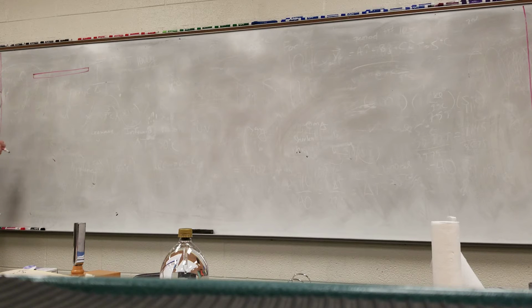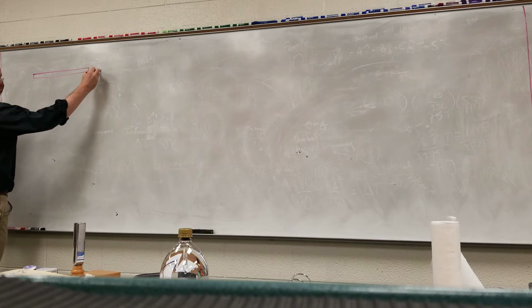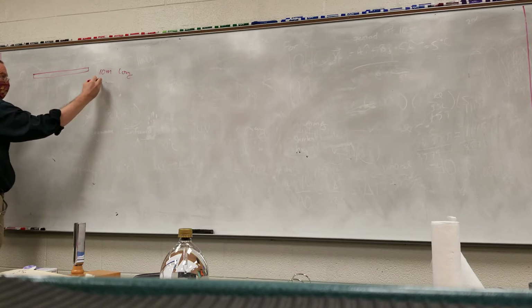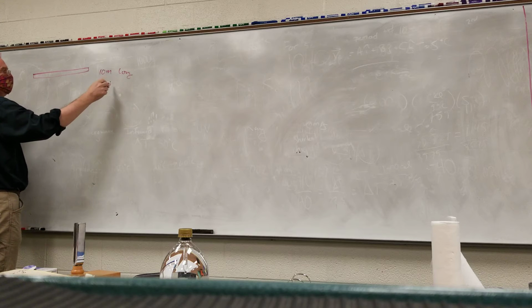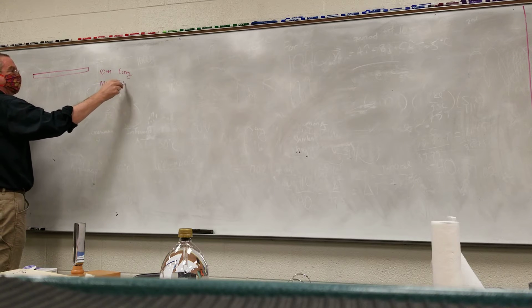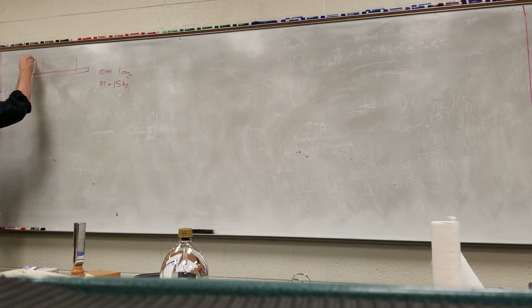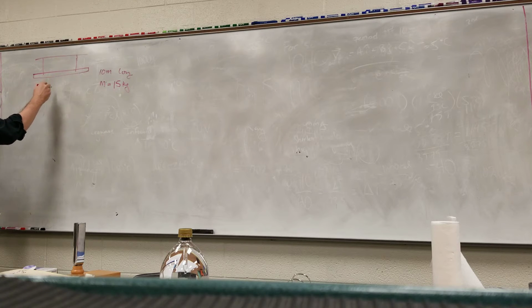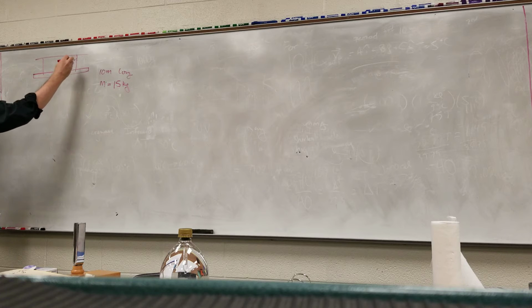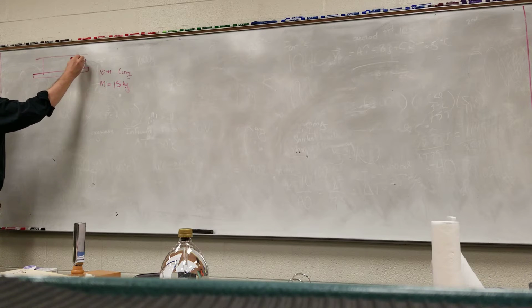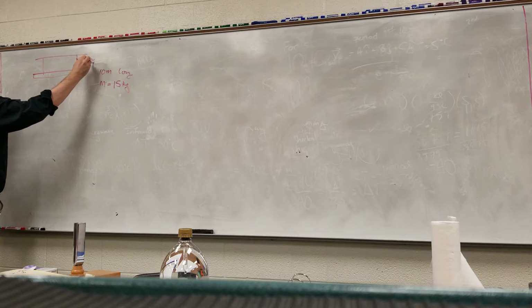So I have some sort of beam right here. Let's make it 10 meters long. The mass is, let's make it 15 kilograms. It's being supported by two wires right here. And a small child right there. Let's say 10 kilogram small child.